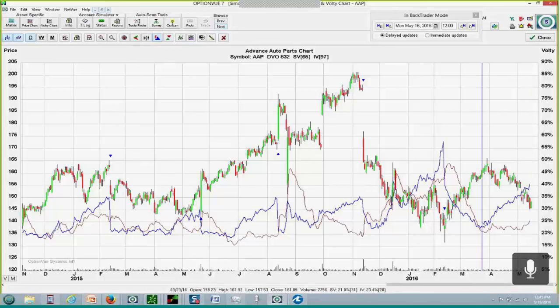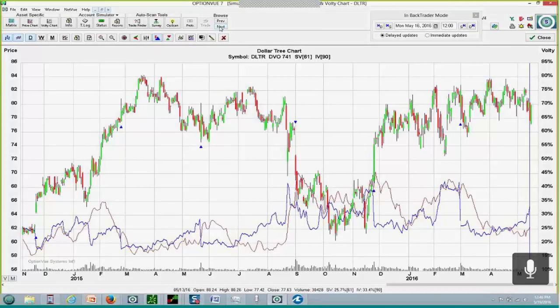The odds of it getting crushed and coming back down to, let's say, 27 is pretty high. So from going from 40 to 27, this 13-point drop in implied volatility is my assumption. With that, I can make some assumptions. So I like looking at Advanced Auto Parts. I like looking at Target.